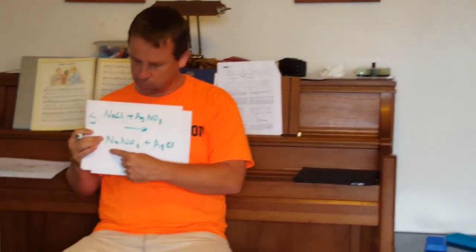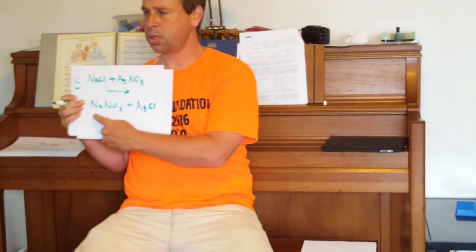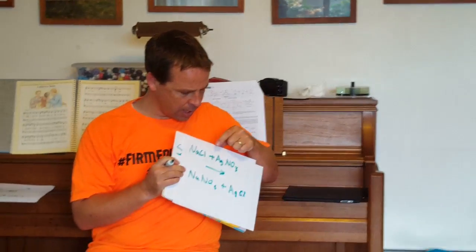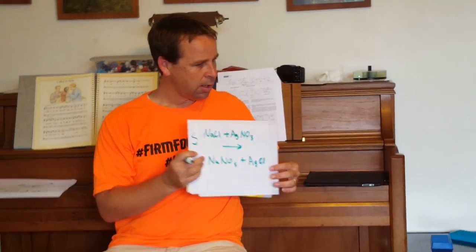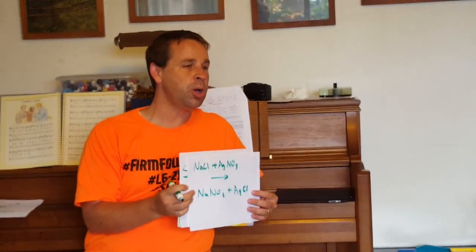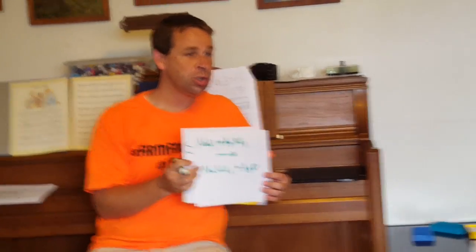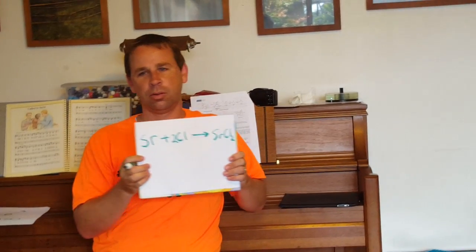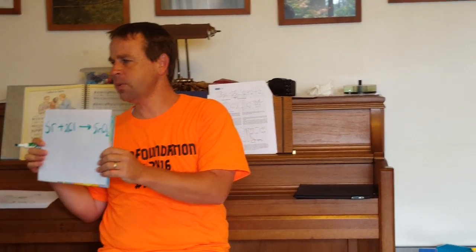In the products, what's the charge on the sodium ion? Plus. It doesn't change. All of these ions have the same charge. Do you agree, Wicker boys? Yeah. Now, in this case here, they're adding ions together, something different going on.